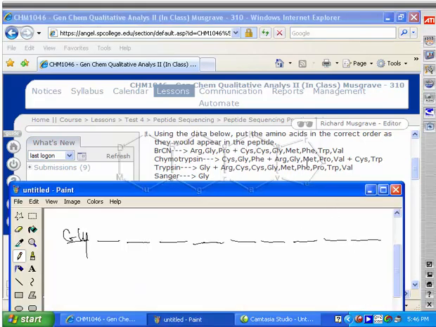So we know that MET will move from here to the end of the chain. Since this particular fragment is 7 amino acids long, we know that MET will be at position 7. 1, 2, 3, 4, 5, 6, 7. So MET will go here.